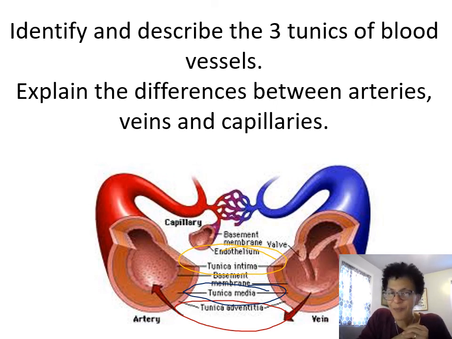Capillaries are the exception to the rule. Capillaries have exactly one tunic, and that's it. They have the tunica intima, and we just call it an endothelium. So be able to explain and identify those three tunic types, their tissues, and a general function, and compare and contrast at a basic level arteries, veins, and capillaries.